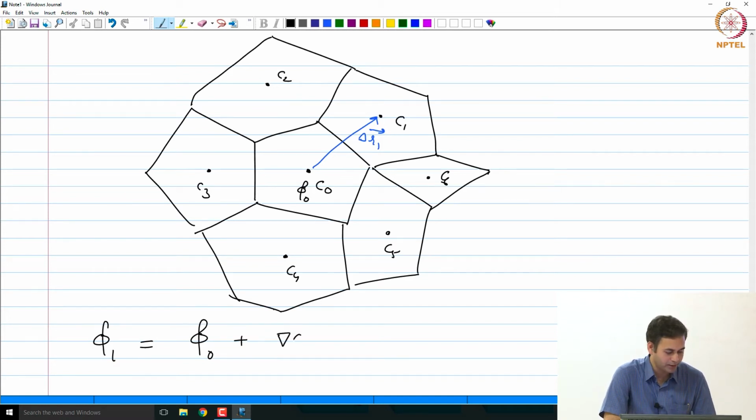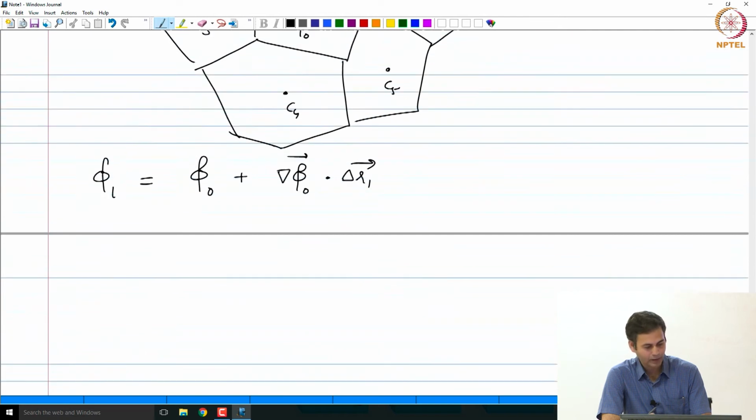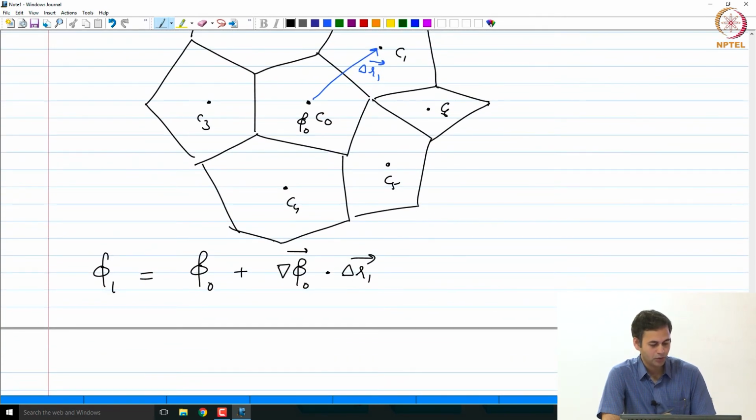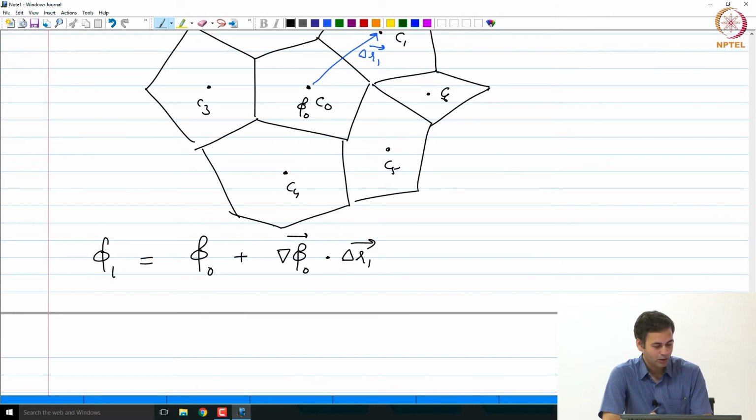This would be plus grad phi 0 dotted with delta R1 bar, right? That is correct. Okay, that means now the delta R1 bar definition is different from what we had before, right? Earlier delta R1 bar was connecting the cell centroid C1 to the face centroid. Here it is the vector connecting C0 to C1, right? The cell centroid vector. Okay.